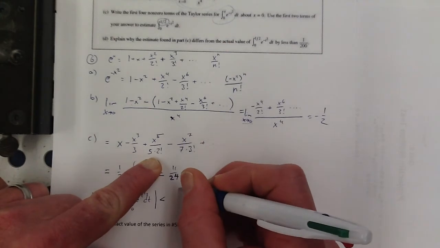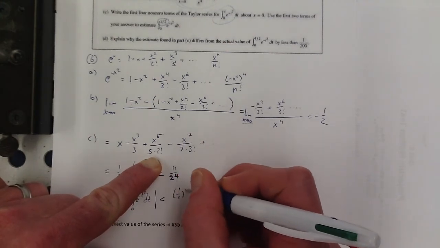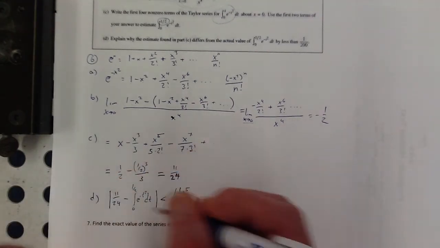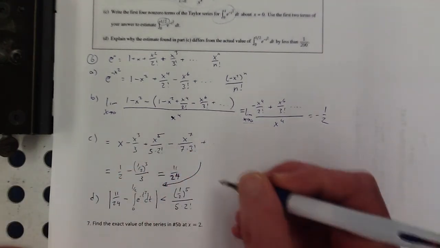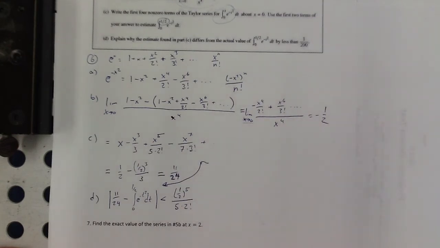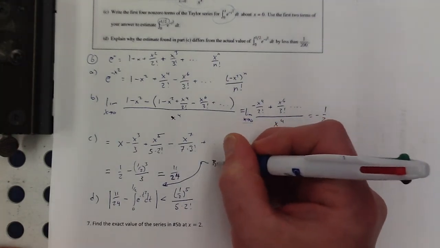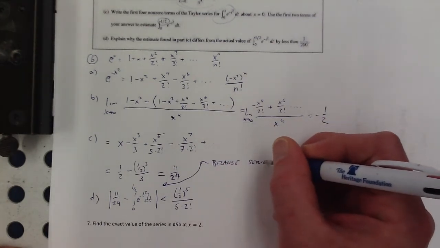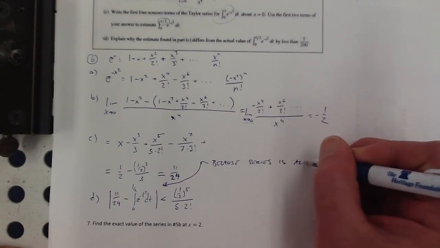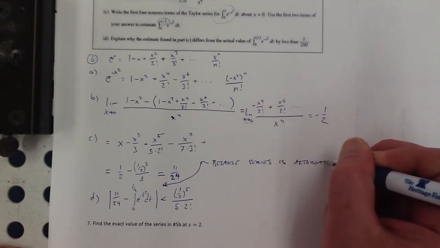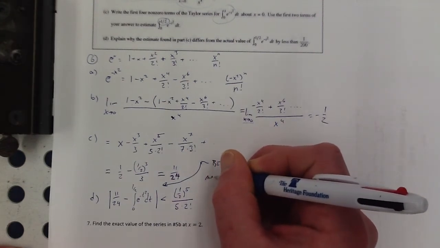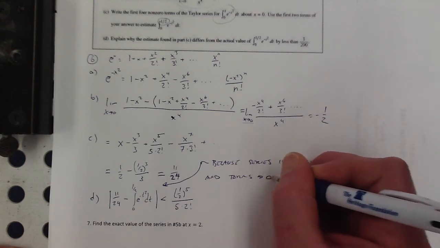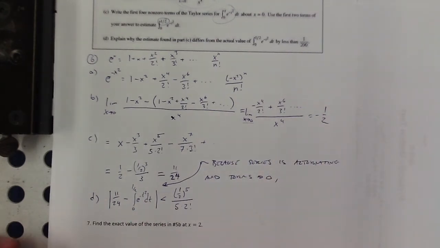And if I want to really be good about this and make sure I get all the points, I should say because the series is alternating and the terms are approaching 0, then I can do this, alternating series error bound.